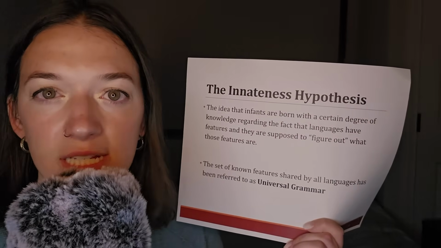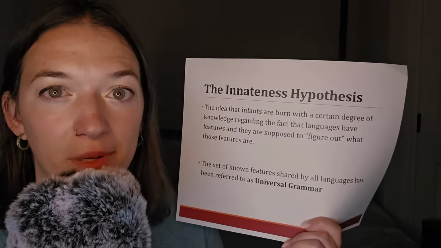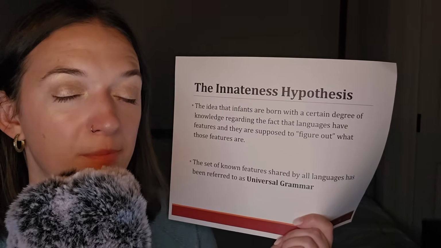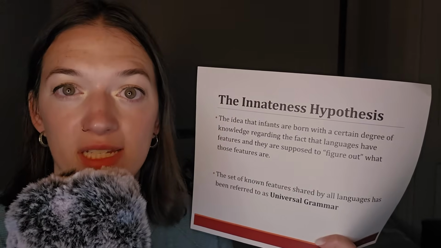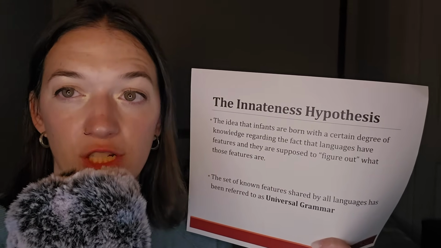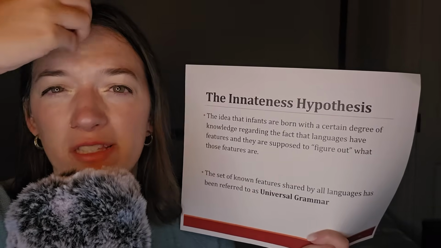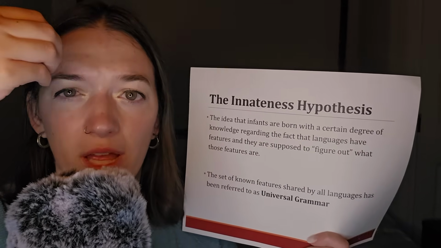Universal grammar is a somewhat controversial hypothesis proposed by famed linguist Noam Chomsky, which is essentially saying that there is a biological component in the brain that allows humans to produce language. And there's this little core bit of grammar that every human is born with.